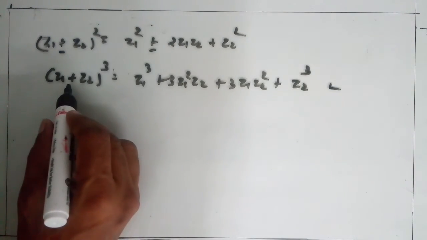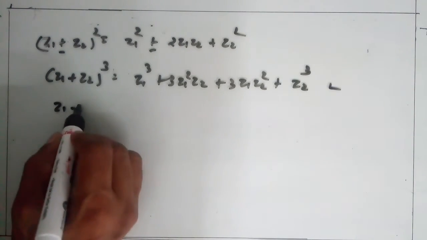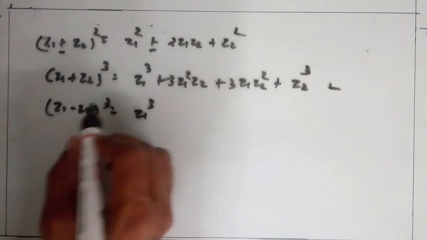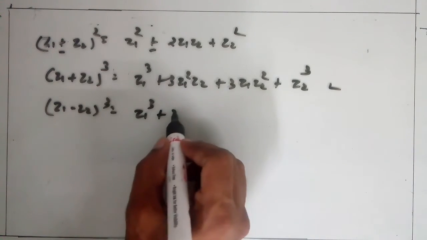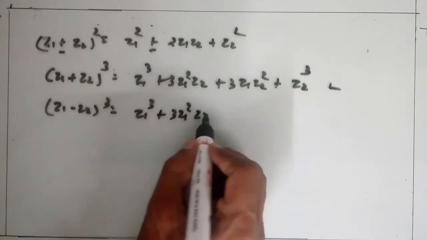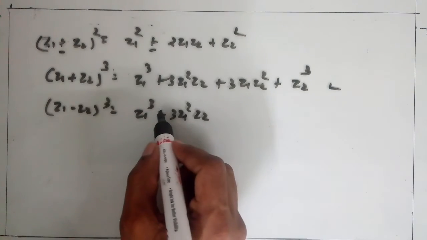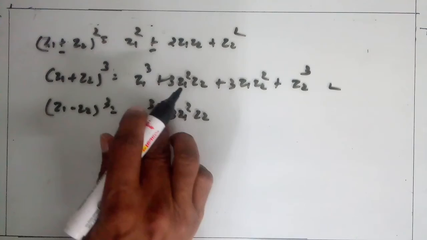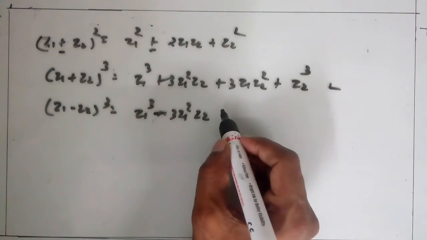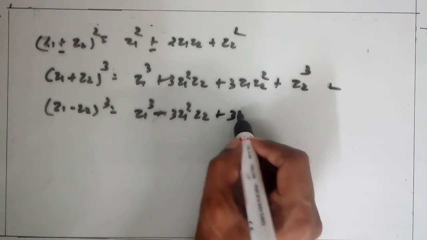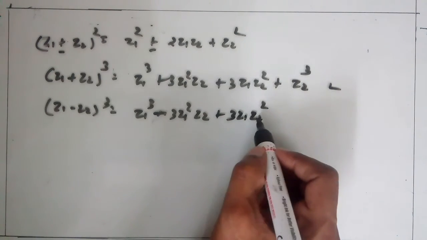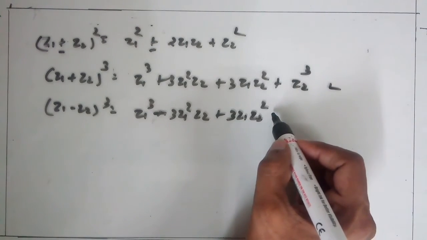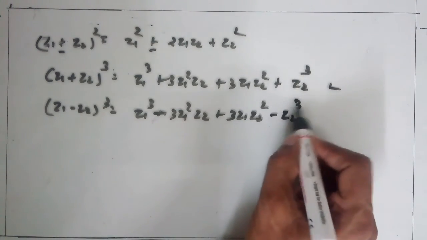Similarly for the minus sign, (z1 − z2)^3 is equal to z1^3 plus 3 z1^2 z2, here a minus, because this becomes minus, so this is a minus sign, plus 3 z1 z2^2, here minus z2 squared becomes positive, so here we take a positive sign, minus z2^3.